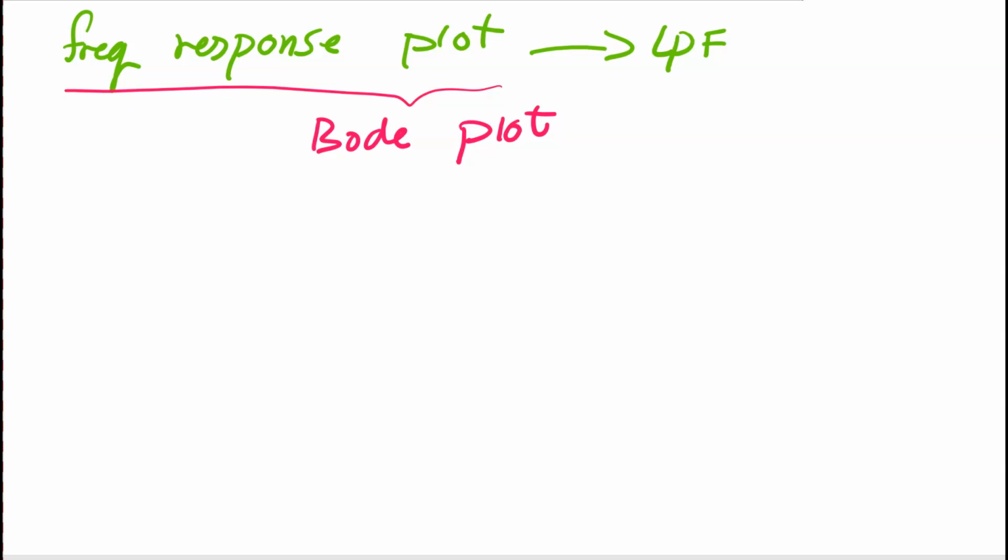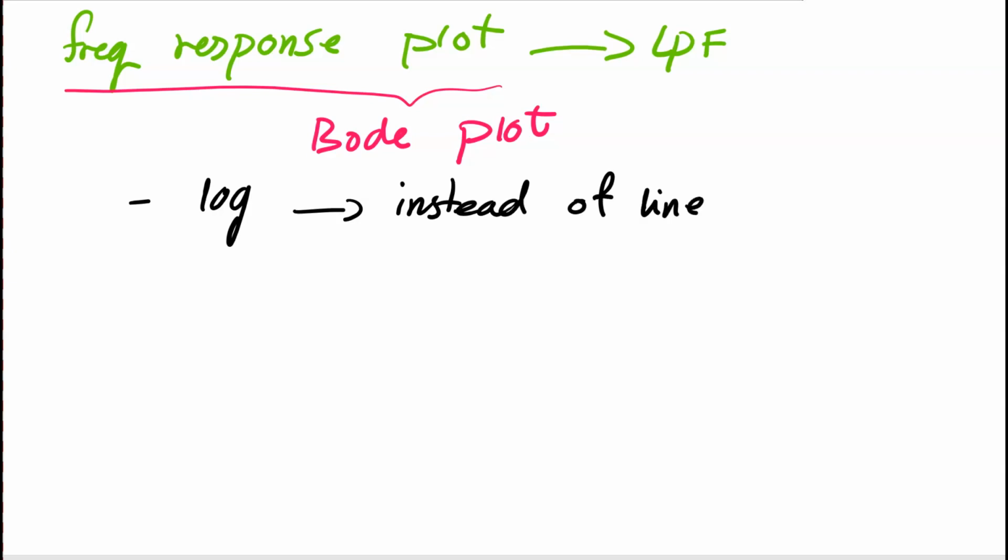So the first characteristic of Bode plot is that we are looking at logarithmic axis instead of linear axis for omega. So this way we have a wider range for frequency.